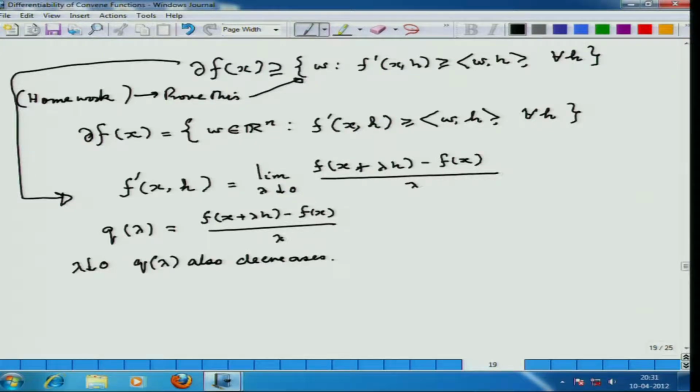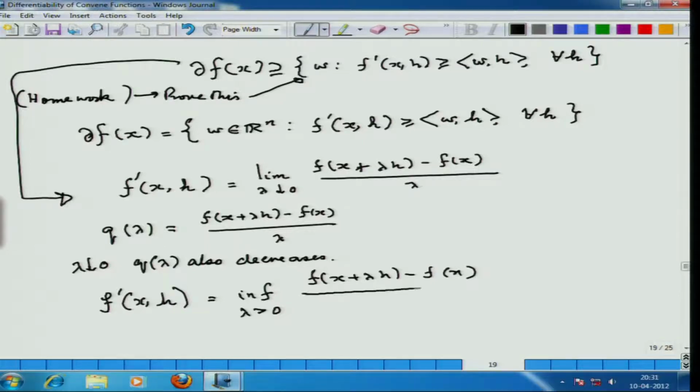So, in fact, one can also write that f dash x h can be shown to be the infimum over lambda greater than 0 of the difference quotient, and this fact is fundamental to prove this inclusion. So, do take careful note.